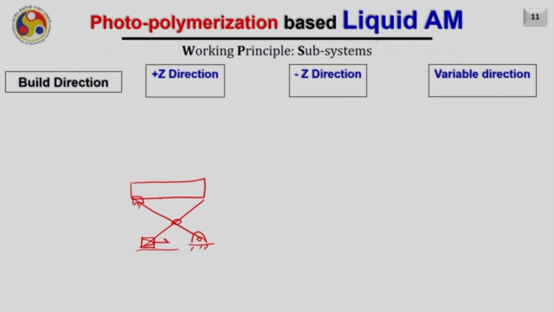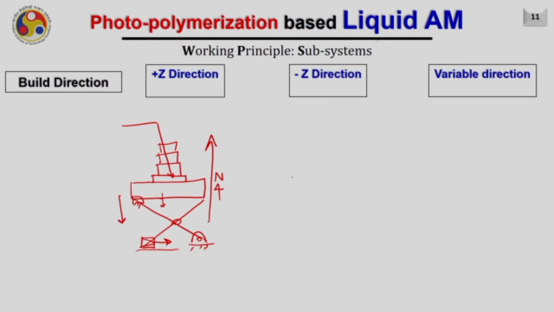And when this particular portion will move, it will go down. As it will go down, from the top laser is coming and falling into it, it will keep on building the part in the top direction like this. This will go down and it will keep on building the part. Hence the growth of the part is in plus Z direction.